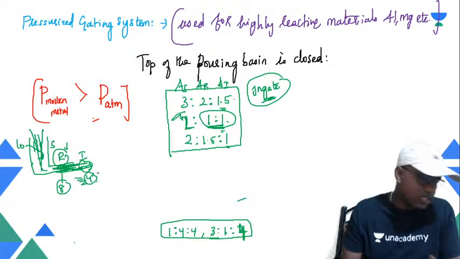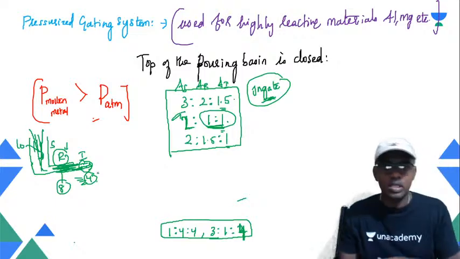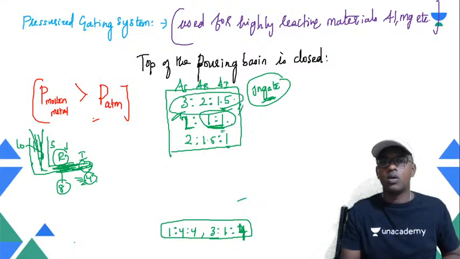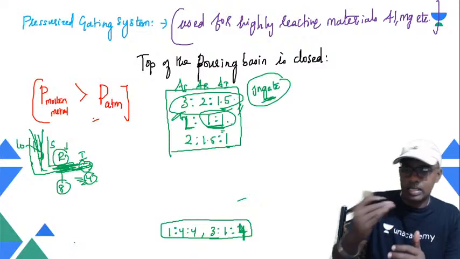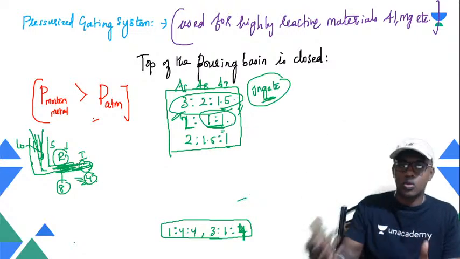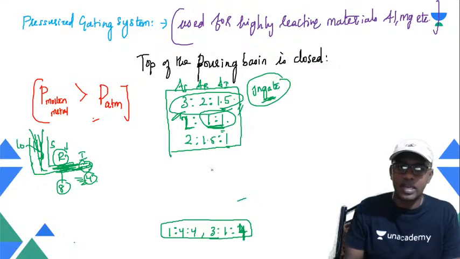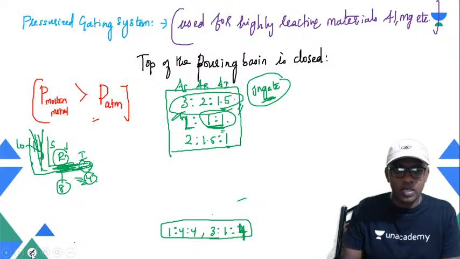What happens? A pressure is created. So whenever the ingate value is the least, you have to say it is a pressurized gating system. Coming to the non-pressurized gating system, you can completely understand here.